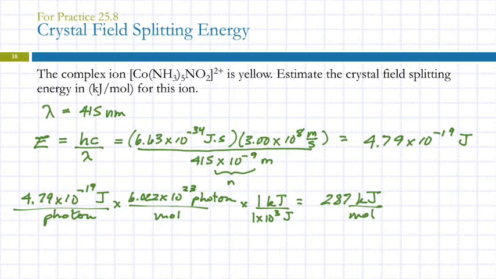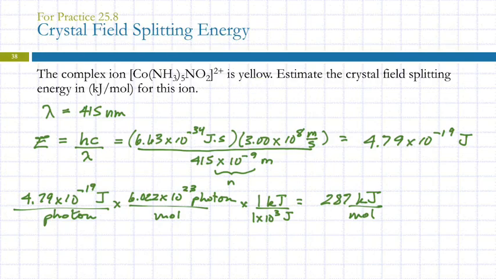Is that an exact calculation? No, it's not. It's an approximate calculation. Any questions? Yes. How did I get the 415 nanometers? So we're told that the complex ion is yellow.